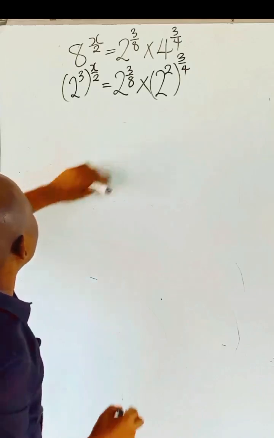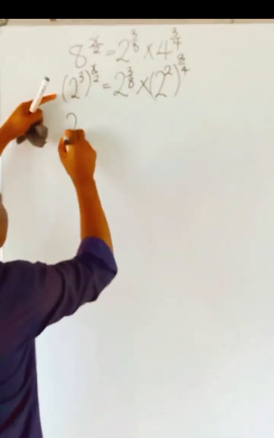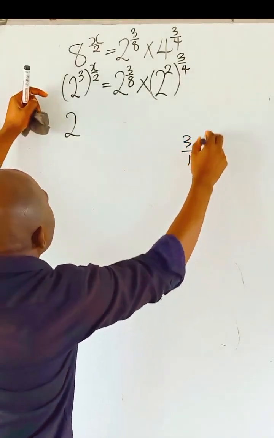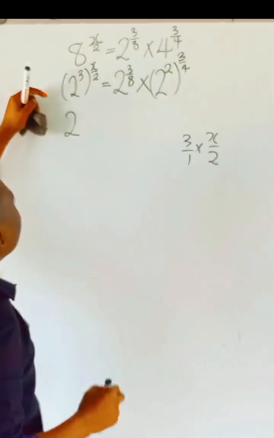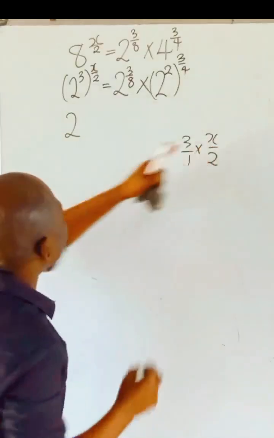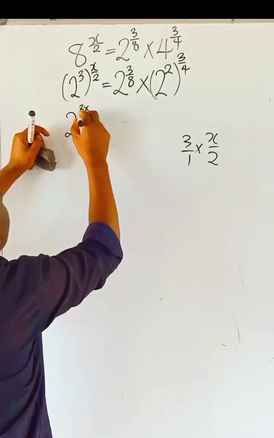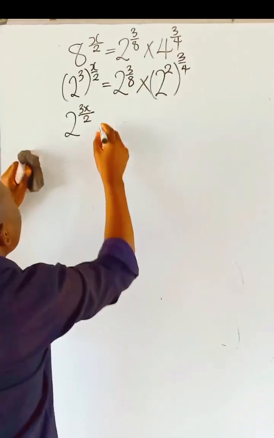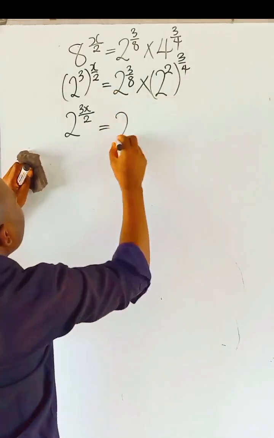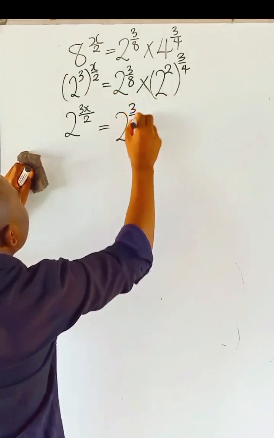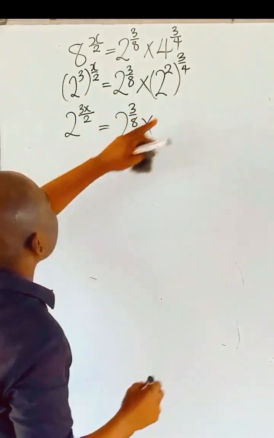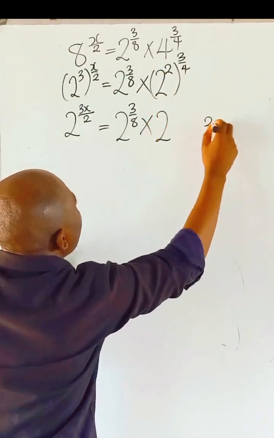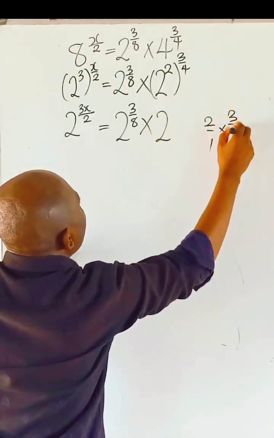So what we have now becomes 2 raised to the power of 3 all over 1 times x all over 2. So 3 times this becomes 3x all over 1 times 2, which is 2, equal to 2 raised to the power of 3 all over 8 times 2 over 1 times 3 all over 4.